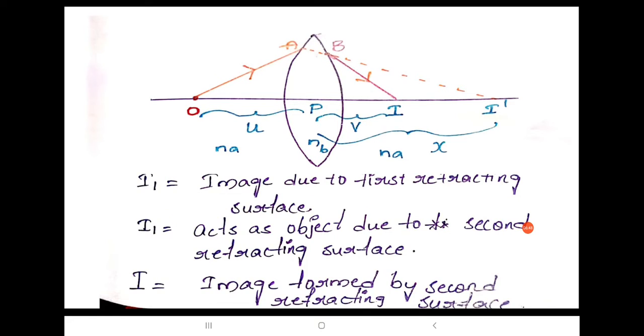Right? Now, I1 equals the image due to the first refracting surface. I1 acts as the object for the second refracting surface, and I is the image formed by the second refracting surface.